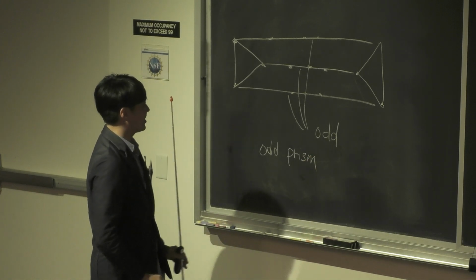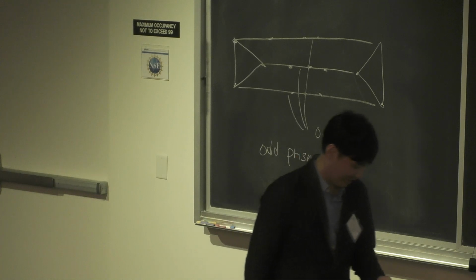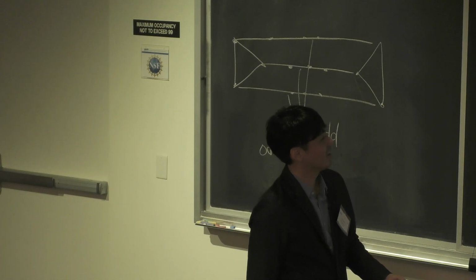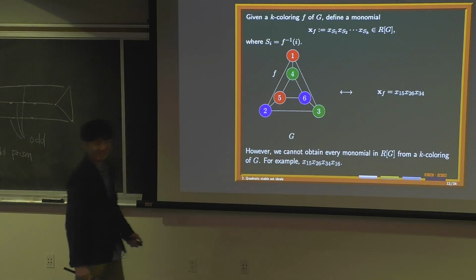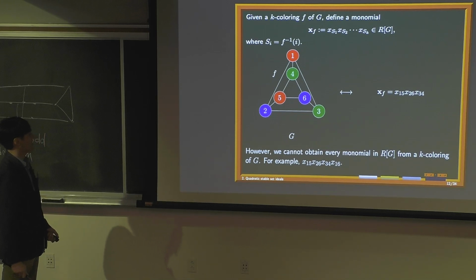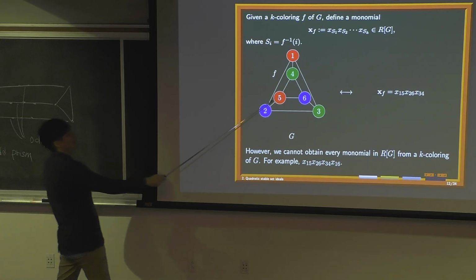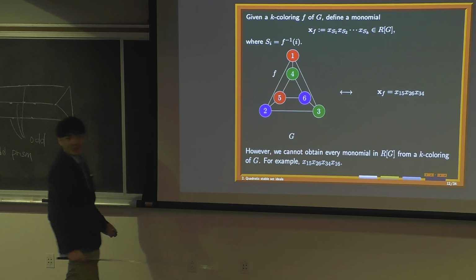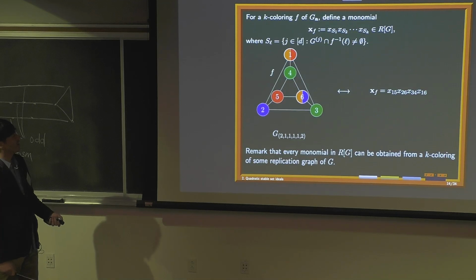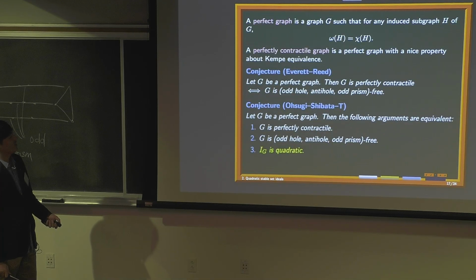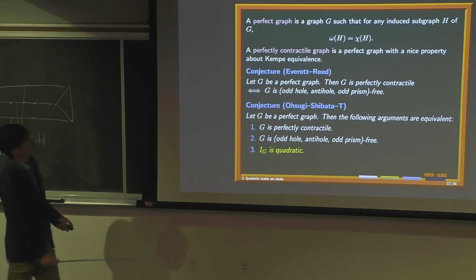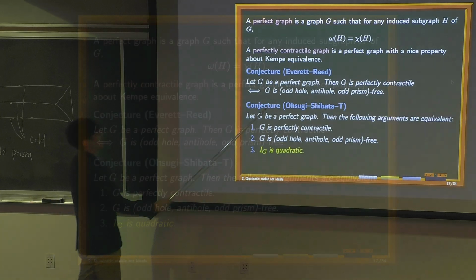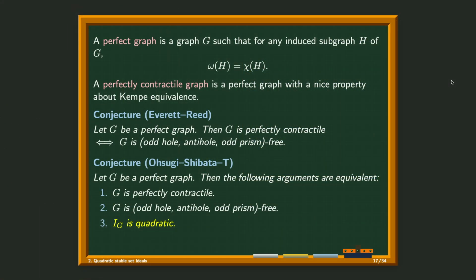The minimal example of an odd prism is this one. We know the stable set ideal of this graph is not quadratic. So this conjecture says this odd prism is not perfectly contractile.